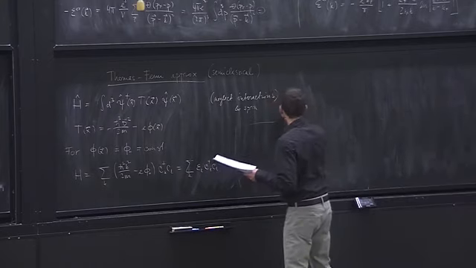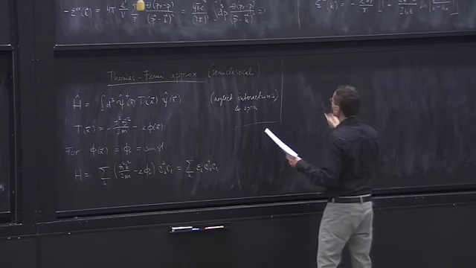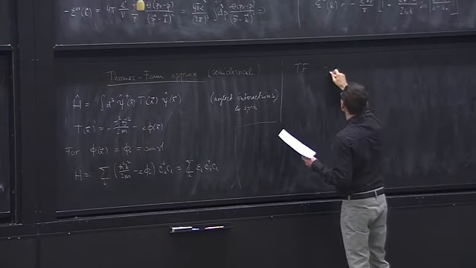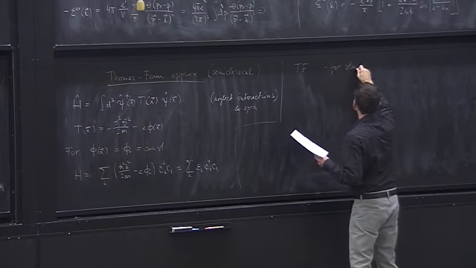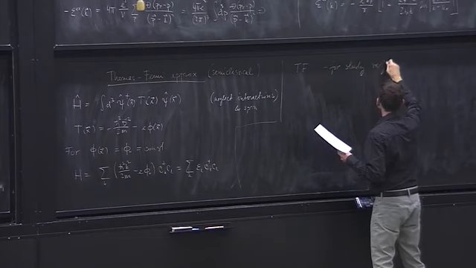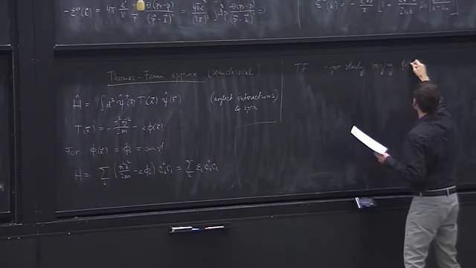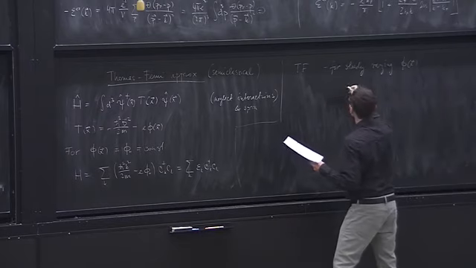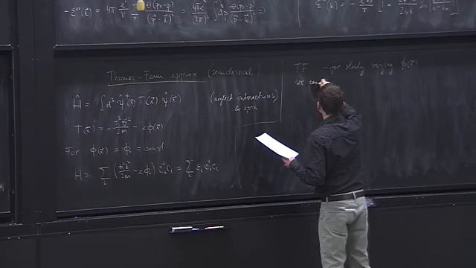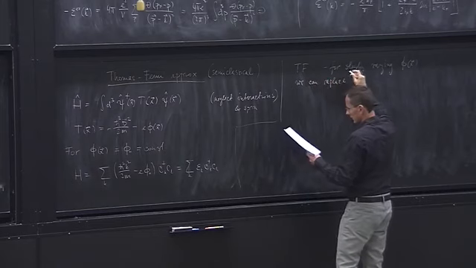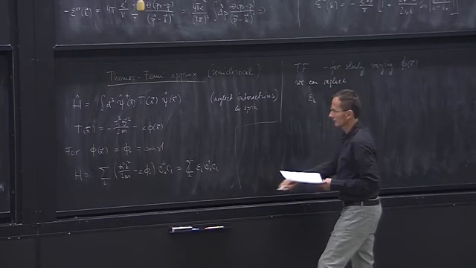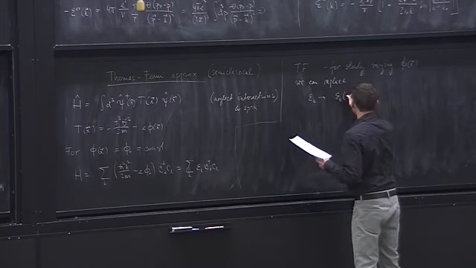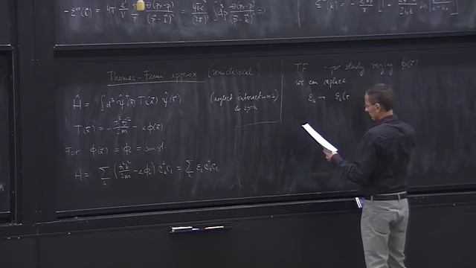Okay, so now here's the gist of the Thomas-Fermi approximation. What they say is that for slowly varying phi of x, we can replace epsilon k that we would put in here with epsilon k of r.